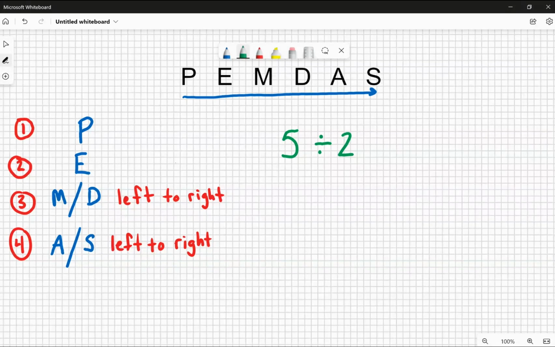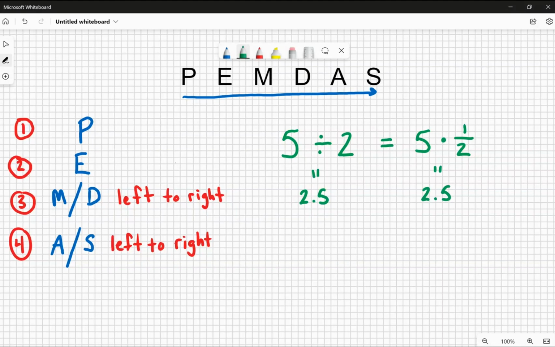Five divided by 2 is the same as 5 multiplied by 1/2. Any division problem can be rewritten as a multiplication. So every single time you see a division sign, you could replace it by multiplying by the reciprocal. 5 divided by 2 equals 2.5. 5 times 1/2 also equals 2.5.